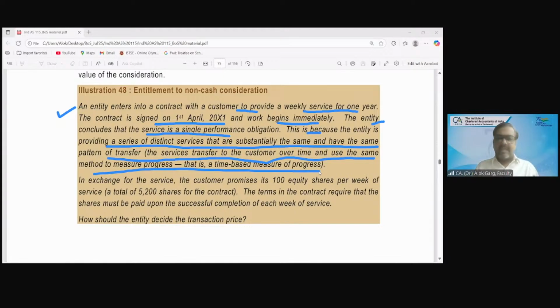You understand this concept that the entity concludes the service is a single performance obligation? For example, I am teaching you. So teaching is a single performance obligation, right? But how will I measure my revenue? I will measure my revenue over a period of time, because I am providing a series of distinct goods and services, like security guard services, cleaning services.